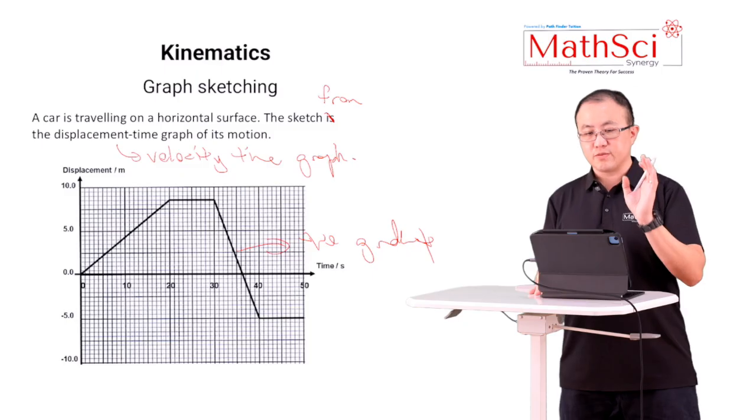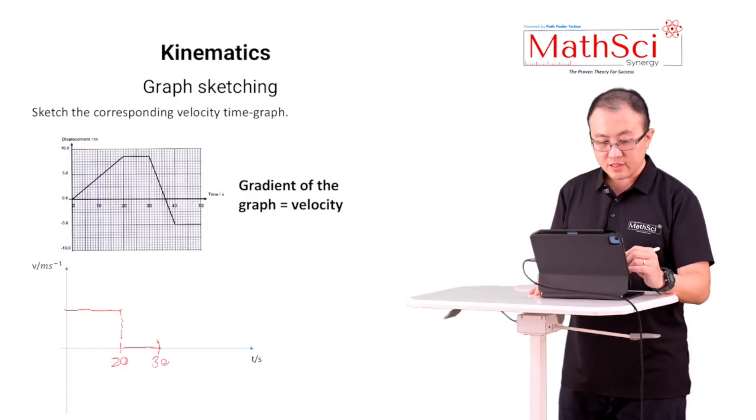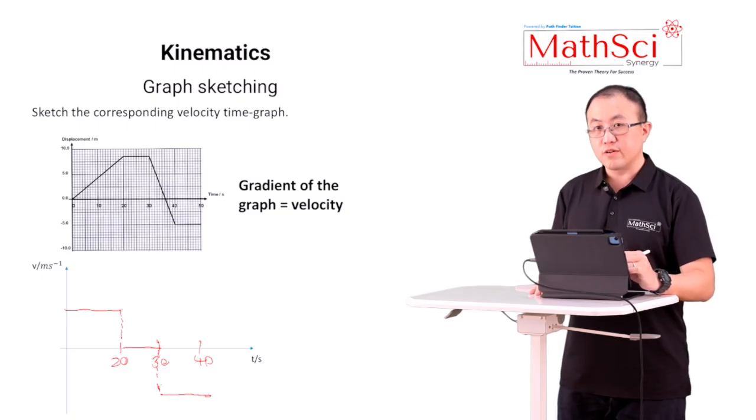Gradient is velocity, right? So you are traveling in the opposite direction, but constant. So for the next 10 seconds until 40, the graph will appear here. And then eventually when you go to the 40th second, it will become 0 again. Okay, so far so good?